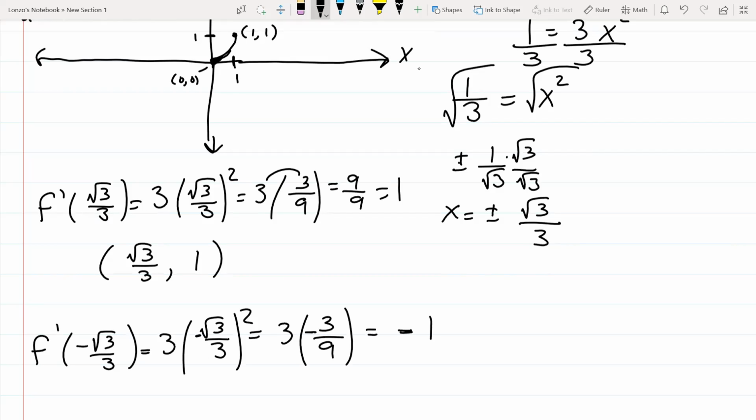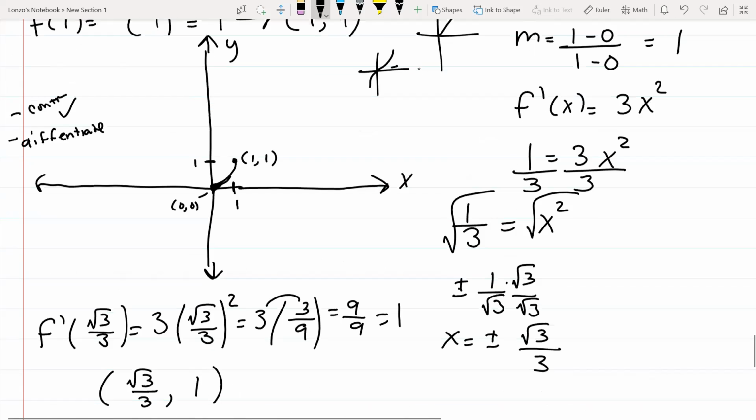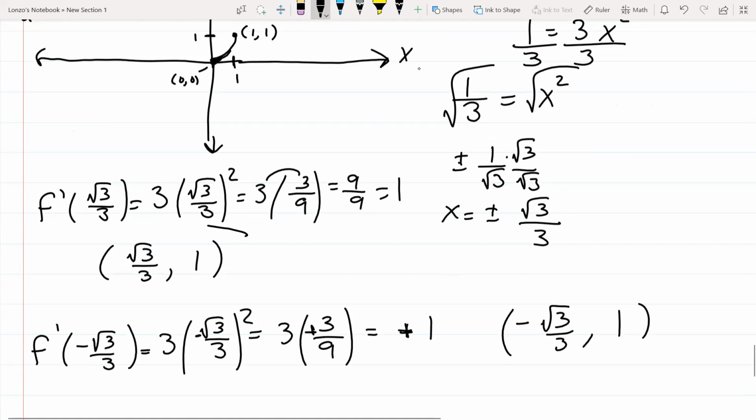So another point would be at negative radical 3 over 3, comma 1. Okay, so those are your 2 points.